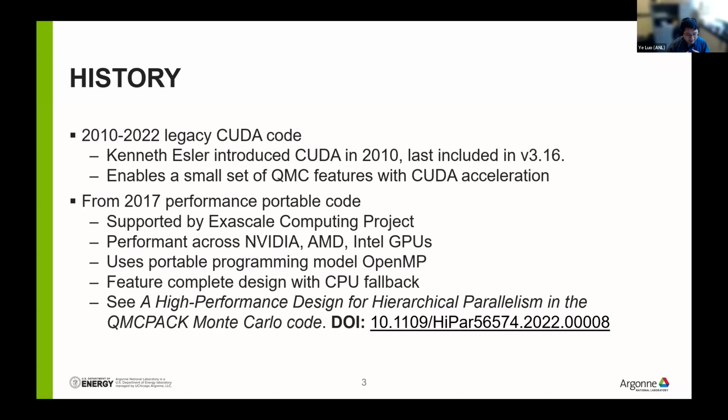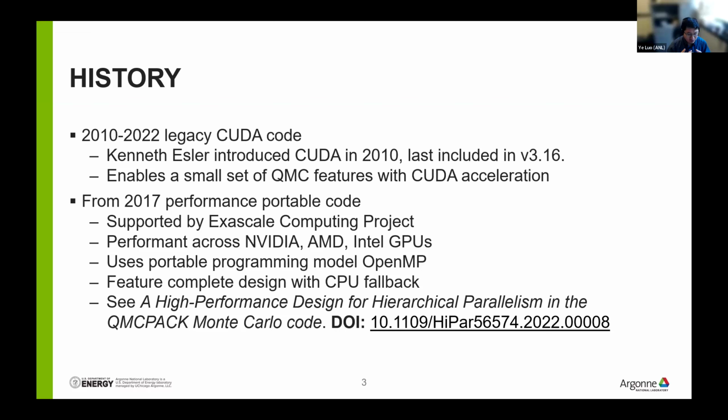It was supported by the Exascale Computing Project. Right now, it works across all the major GPU vendors. We used OpenMP Target as the portable programming model in a lot of places so that we don't need to repeat the implementation for different vendors. And thanks to the design choices, we have CPU fallback.